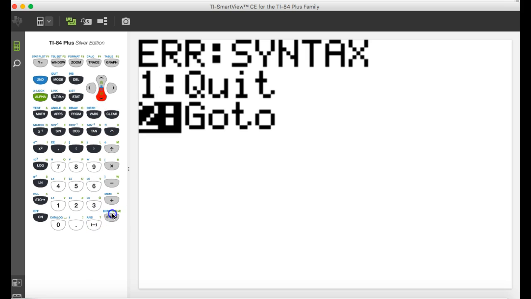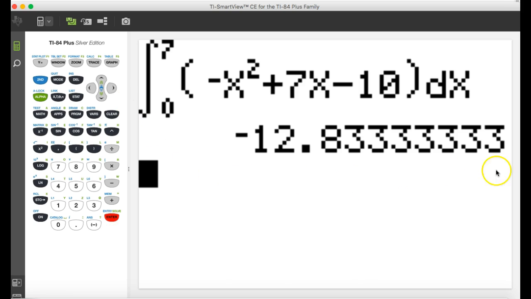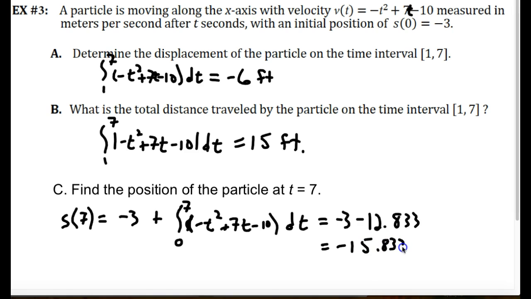Oops, what did I do? Oh, put a subtraction instead of a negative sign. There we go. So my displacement is negative 12.833. So this will become negative 3 minus 12.833. So we would get negative 15.833.